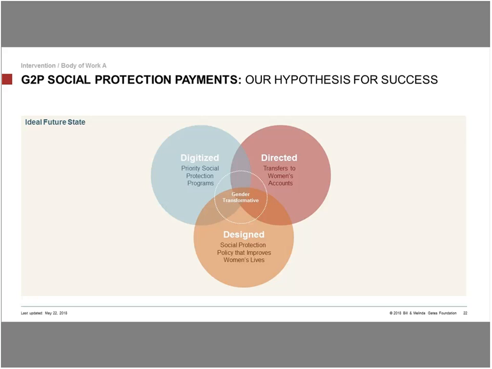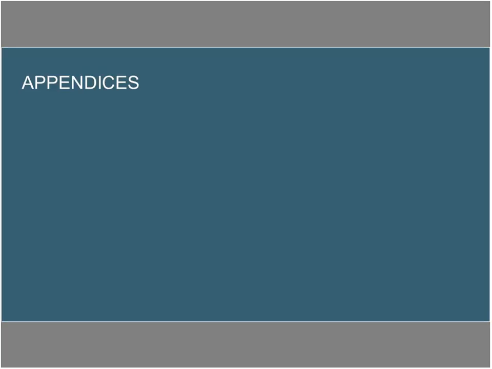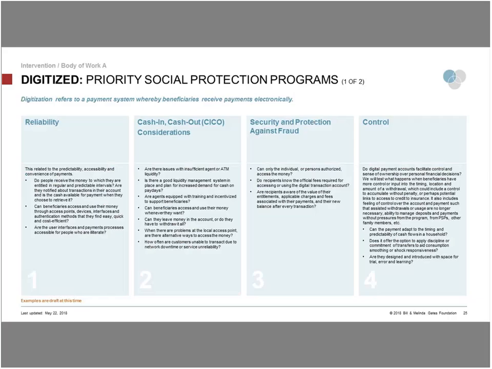So in the category of digitize, if I can move the slide forward. There we go. I'll let you just look at this for a minute. These are the first 4 areas of digitize.